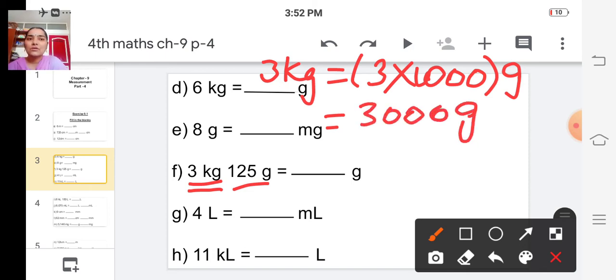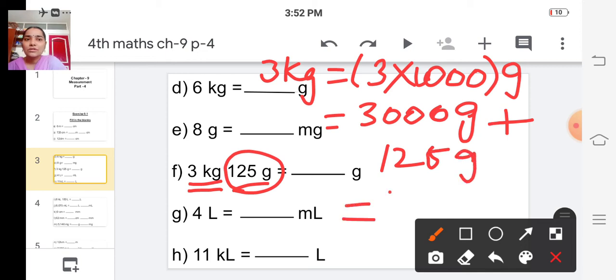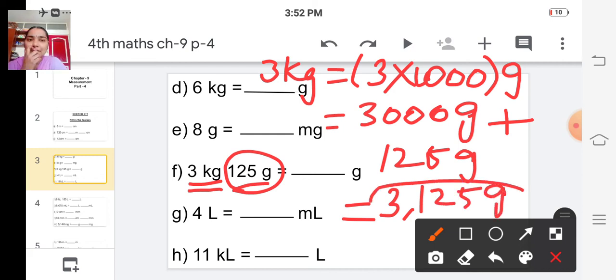With this 3000 gram, we have to add this 125 gram, which is equal to 3125 gram. So we have converted into grams. The answer is 3125 grams. Is it clear, children?